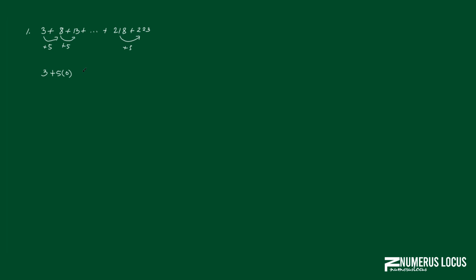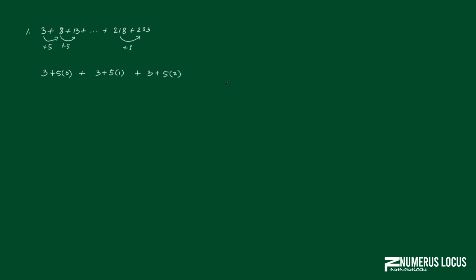And for our second term, that is going to be 3 plus 5 times 1, right? That is 8. Plus for our third term, which is 13, 3 plus 5 times 2.